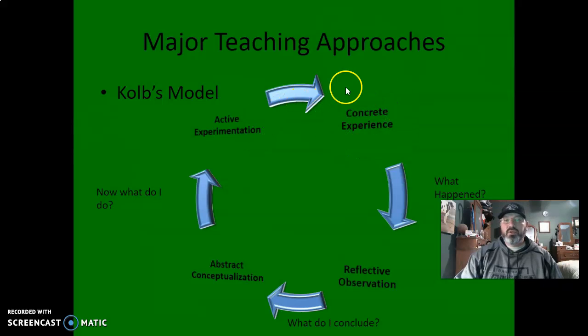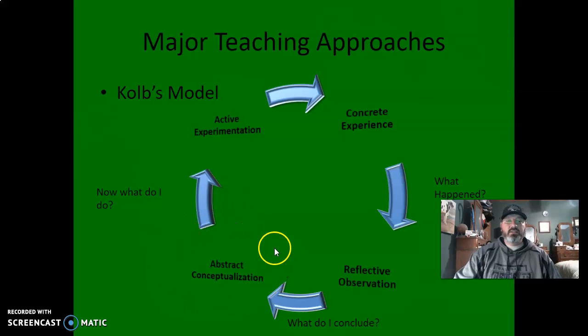Then we come to a concrete experience. The students could have observed the two different feeding strategies and which steers gained faster and more effectively. Then they reflect upon what happened, study the things that happened and reflect upon that observation and come to the conclusions, whatever they may be.